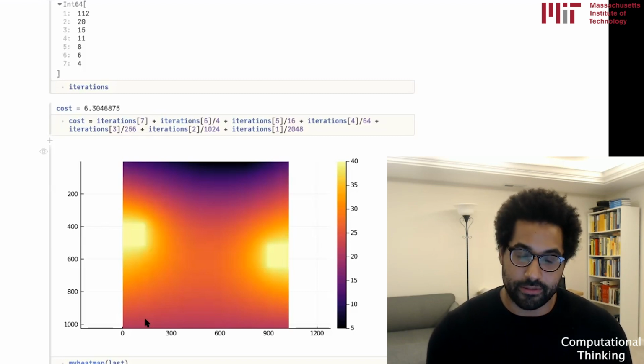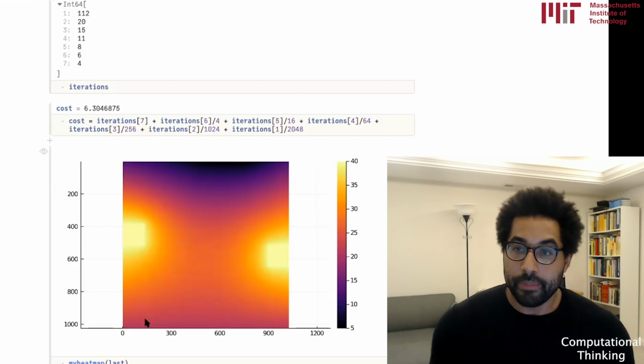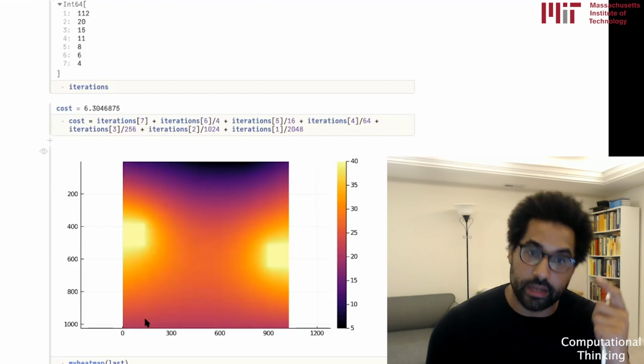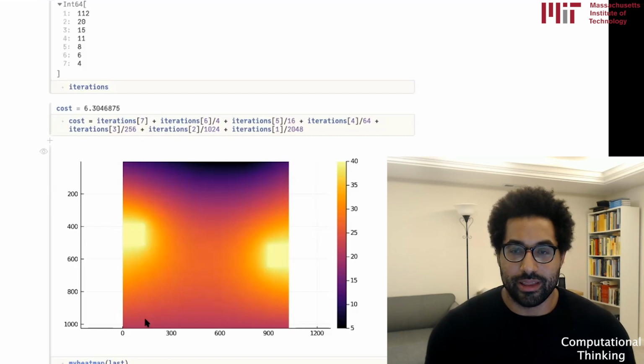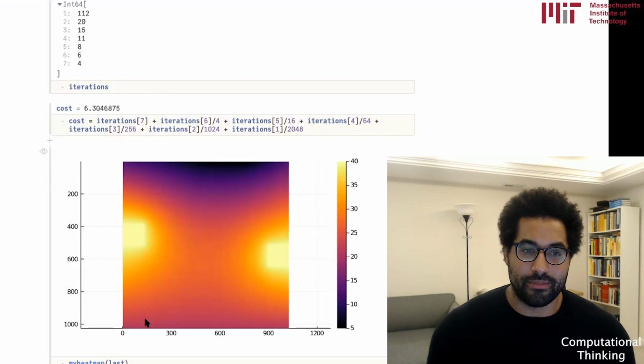It's important for us as computational thinkers to be intelligent and do efficient computation, so that we're not computing more than we have to, and not making mistakes because we don't understand the bigger picture.